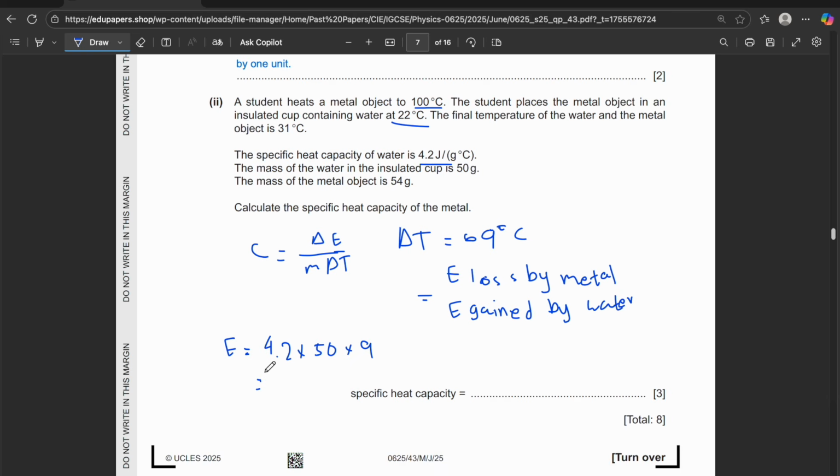That is 1890. If you want c, it is 1890 divided by mass, 54, times 69. That will be about 0.507. If you want two significant figures, you can write 0.51 joules per gram degree Celsius.